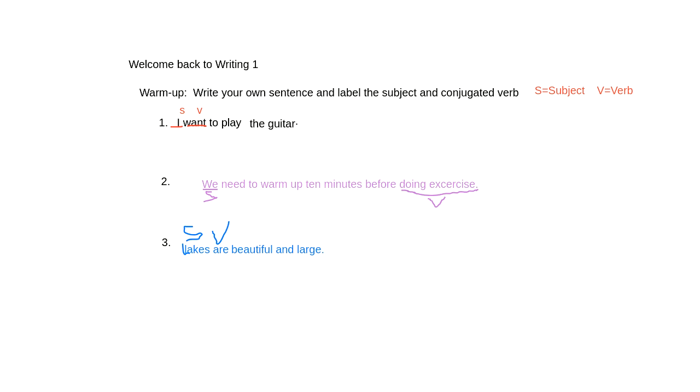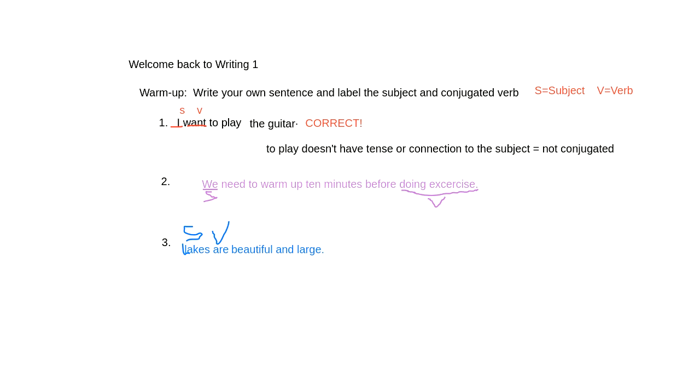To play is a base form verb. Yeah, good. Yep, that is good. So you got this one correct. Want is the conjugated verb. To play is not the conjugated verb, okay?